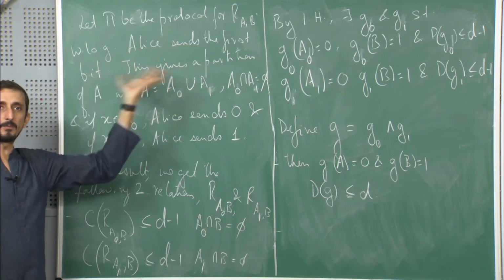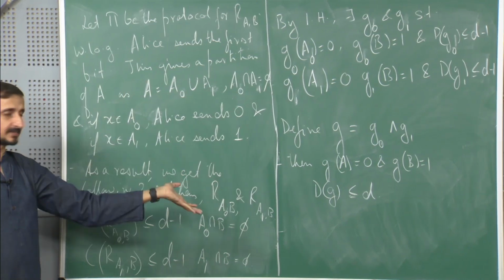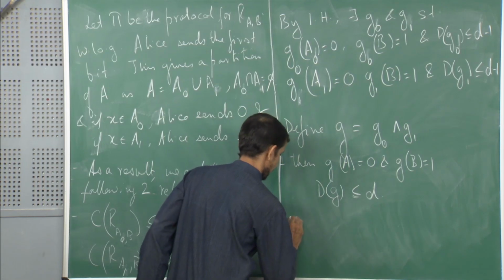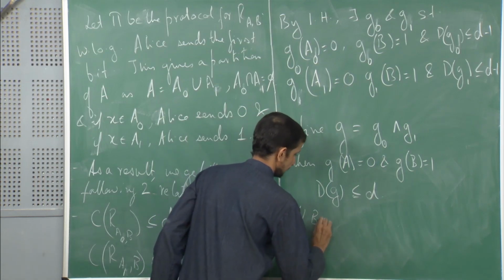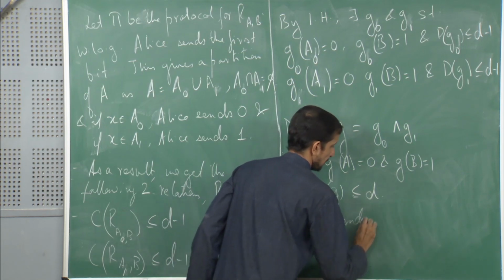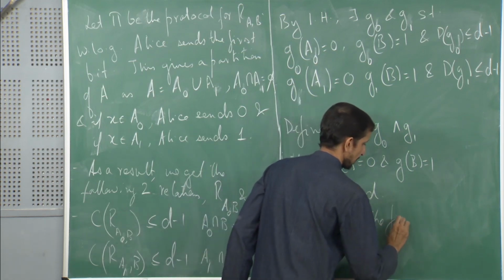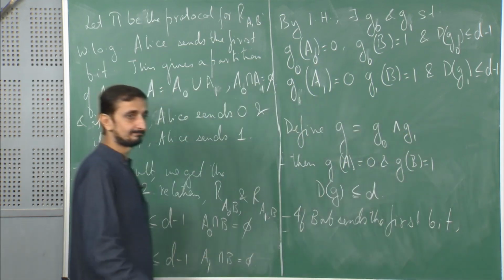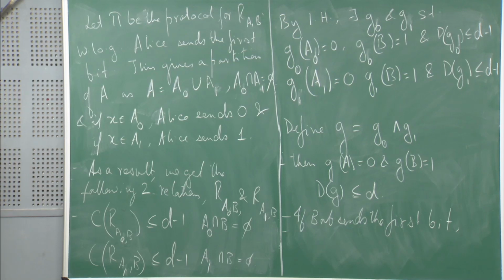What if Bob had sent the first bit? So if Bob sends the first bit, what do we do? Yes, it is symmetric, but what exactly do you need to do?